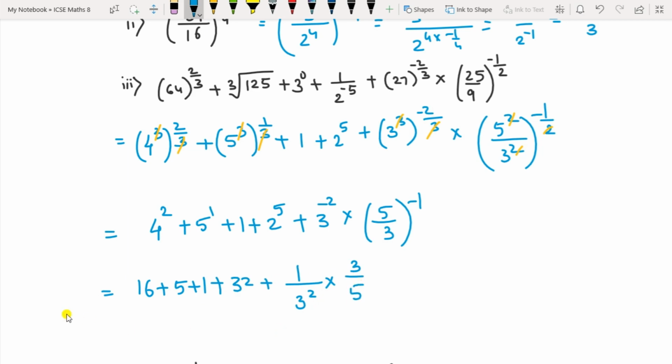Now this 16 plus 5 plus 1 plus 32 totals 54. So this becomes 54 plus, and do this cancellation, this 3 gets cancelled here, this 3 and one of the 3 from here get cancelled, so it will remain 1 by 15.